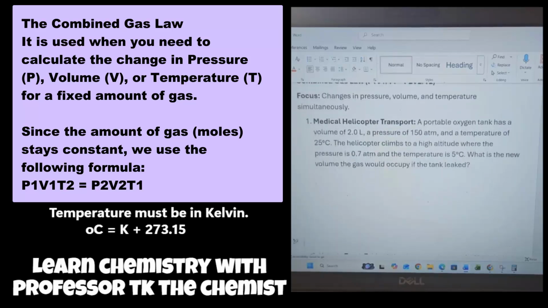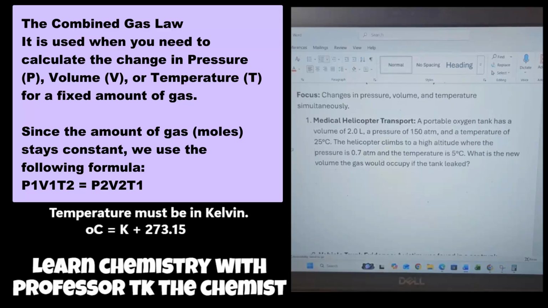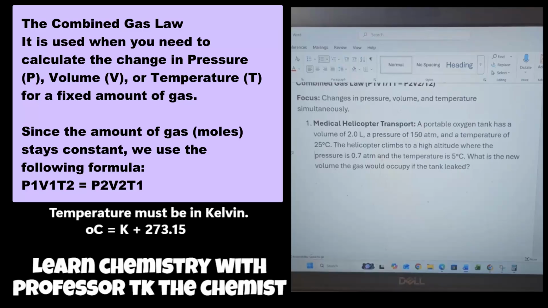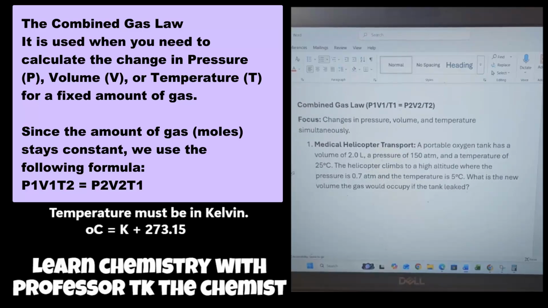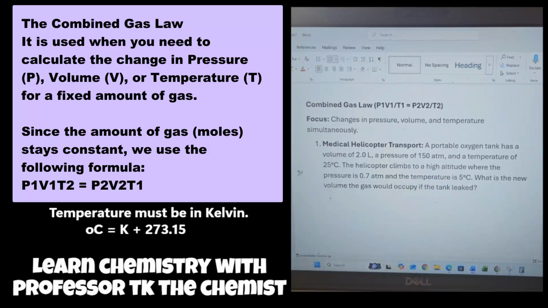They're going to give you at least 5 of your 6 variables. So you've got P1 times V1 divided by T1, which equals P2 times V2 divided by T2.